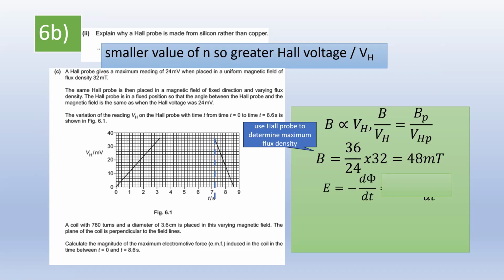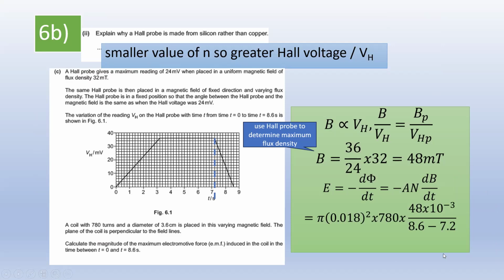And induced EMF is the change in flux over the change in time. Right? And then flux is BAN. A and N are constant, take them out. So dB/dt, this is the slope. You can take any point, but I prefer to use the maximum, easier to read.